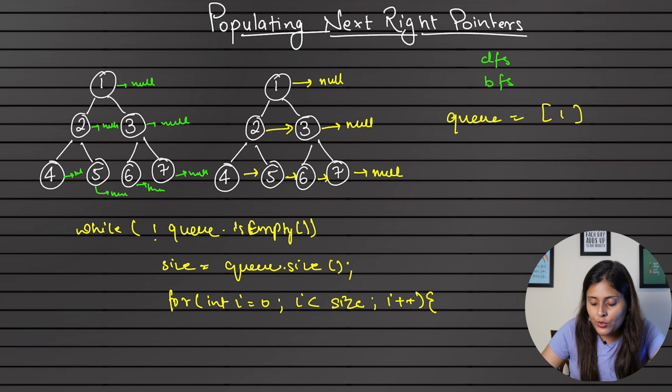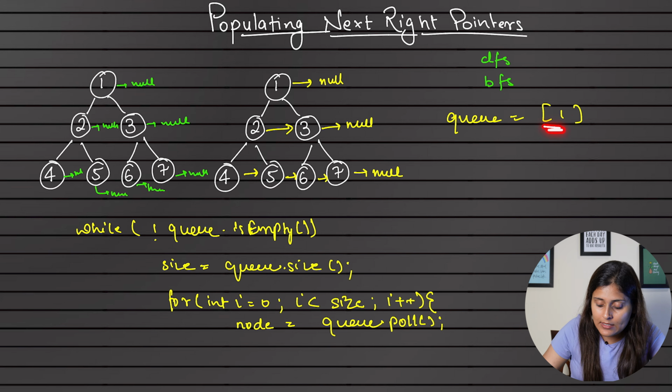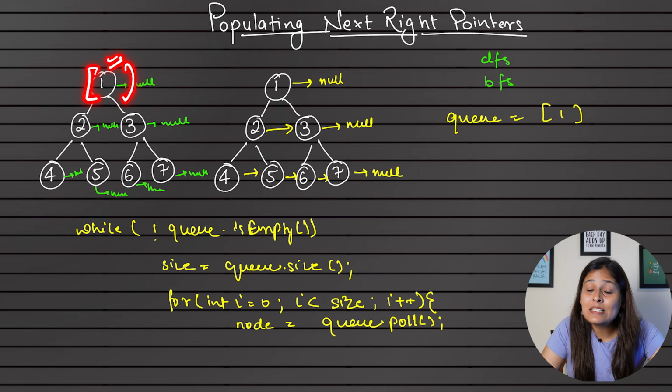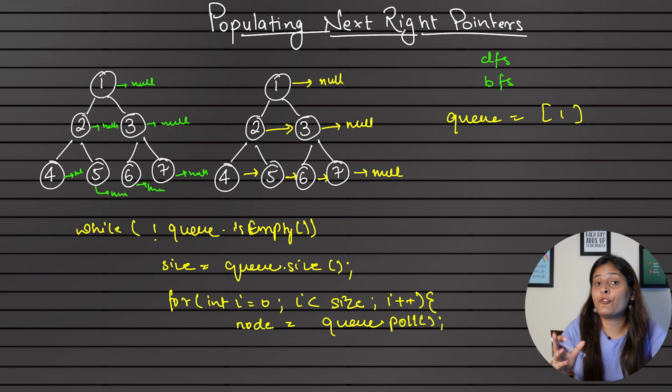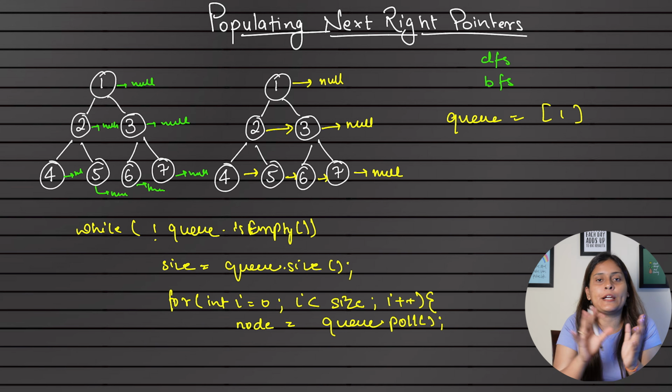Now we will pop the node from the queue, so queue dot poll. Now what was our task? We'll pop the node first, and now we'll check if index I is equal to size minus 1. Why size? Because this size is currently referring to the particular level size, which is 1, correct? If the index is size minus 1, it means this is the last node in that level, and for that last node we do not need to connect its next to anything, because by default it will be null.